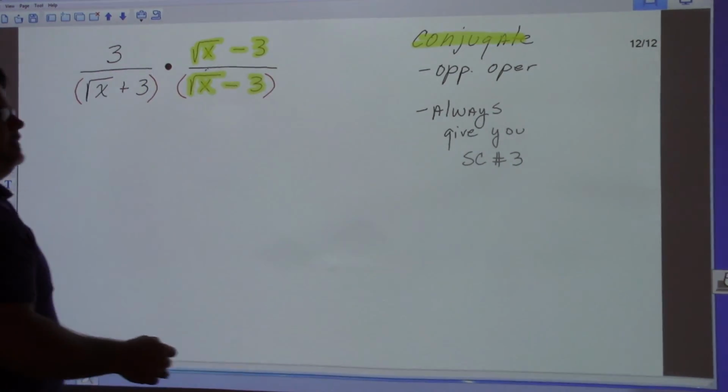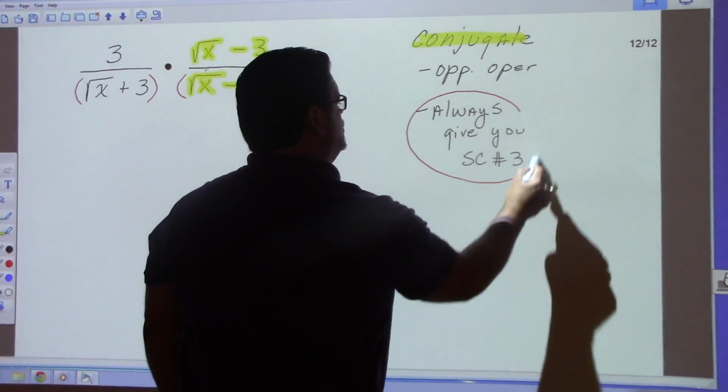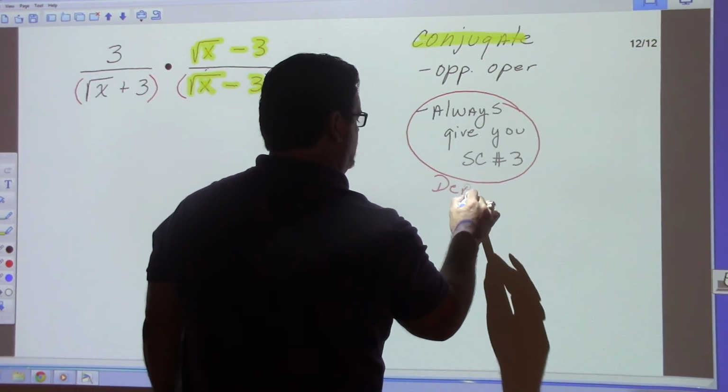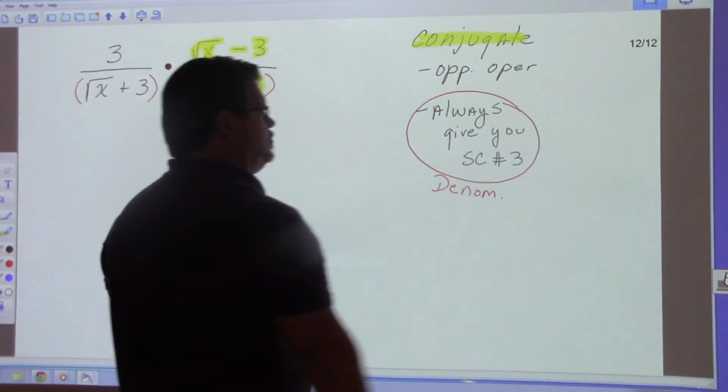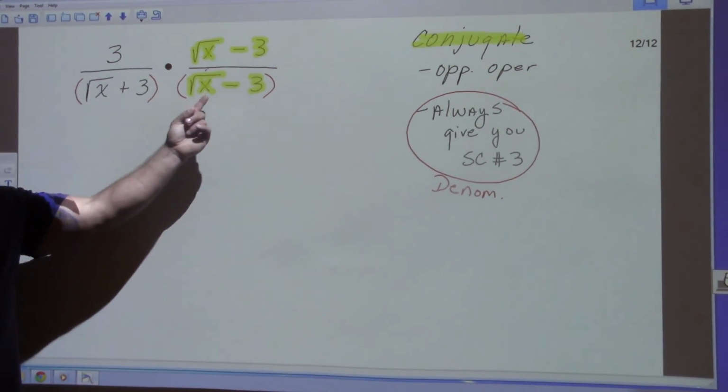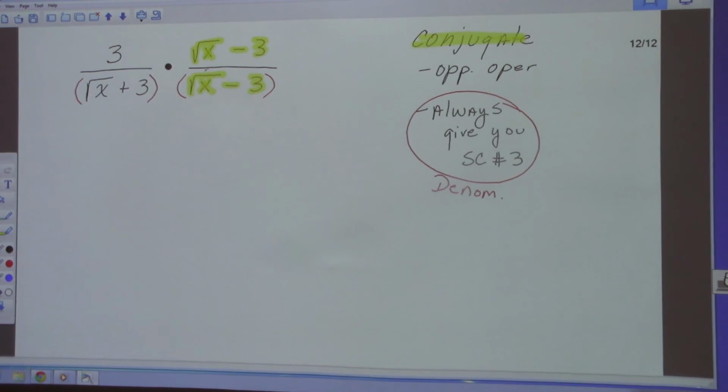And what does that give you? The conjugate will always give you shortcut number 3 in the denominator. So plug it through, make it go through shortcut number 3, and see what you get in the denominator.